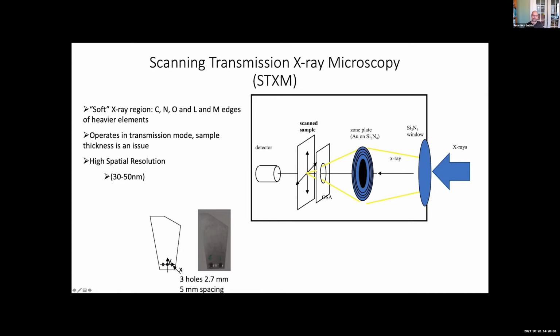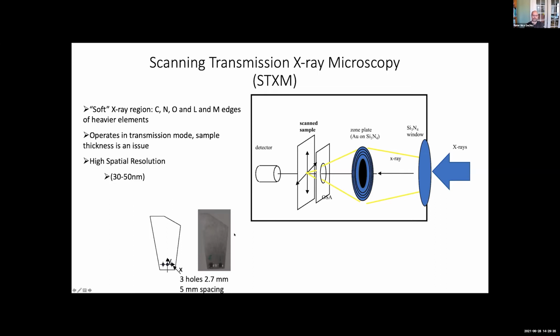Usually, not exclusively, but majorly, the sample operates in transmission mode, where the X-rays pass through the sample and the sample is scanned in an XY direction in order to image the entirety of the sample. It is used usually for the lighter elements, carbon, nitrogen, oxygen, that are very important in geochemistry, but also for the L and M edges of heavy elements. Its claim to fame much of the time is that it's generally very high spatial resolution, tens of nanometers routinely, and can be smaller than that.